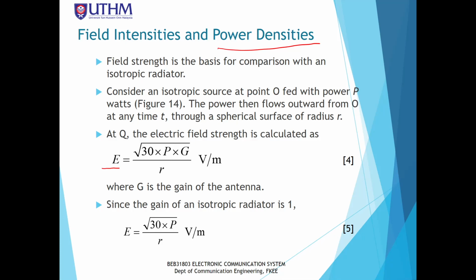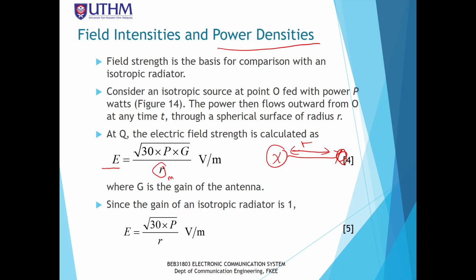So it is equal to square root of 30 times P times G, divide with R. G is the gain of the antenna, and R here is the distance from the antenna to a certain area. The unit is in terms of meter.